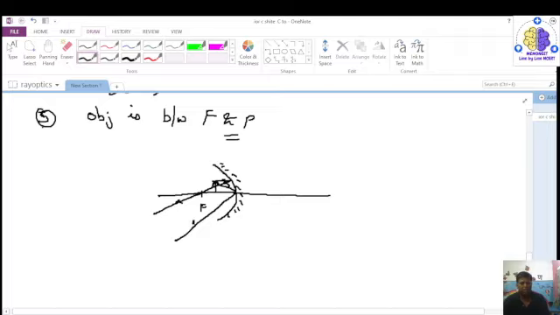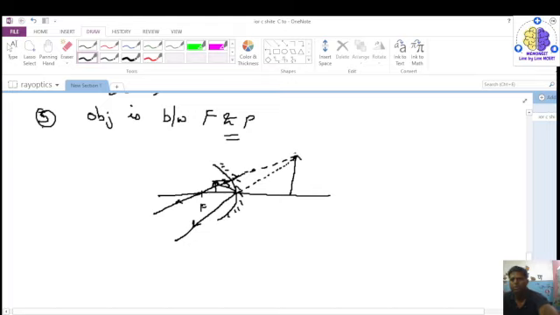Now again, if it has been drawn with the appropriate scaling, then if we produce these reflected rays backward, they will meet at a point, and here is the point where the image has been formed, right?